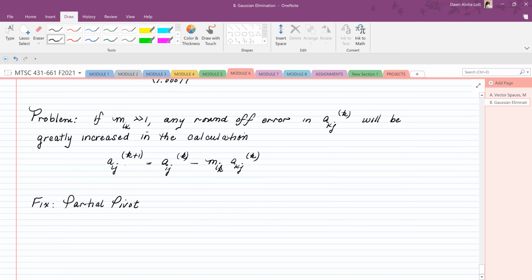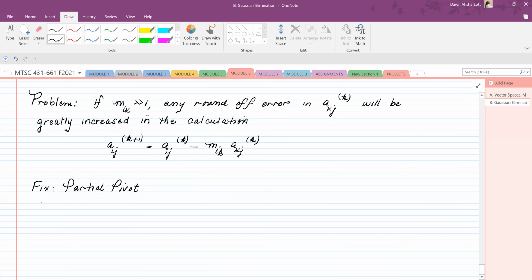That is, at each step, switch rows so that the largest element appears in the top pivot position.